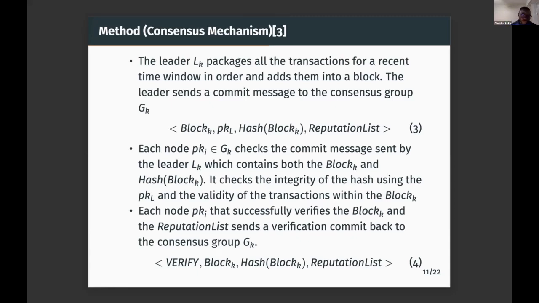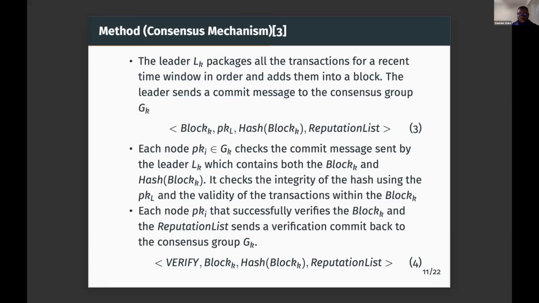And then each node within the consensus group is going to check the commit message sent by the leader, which contains the block and the hash, and the tuple from equation 3. And then it's going to check for the integrity of the hash using the public key of the leader.